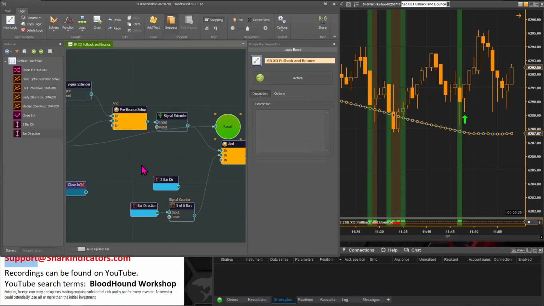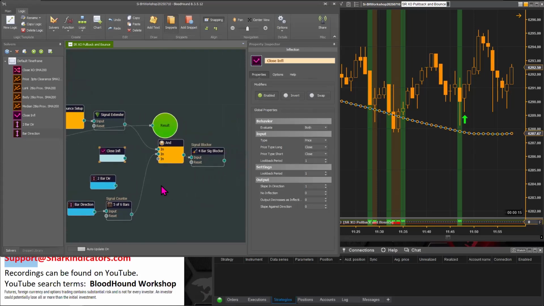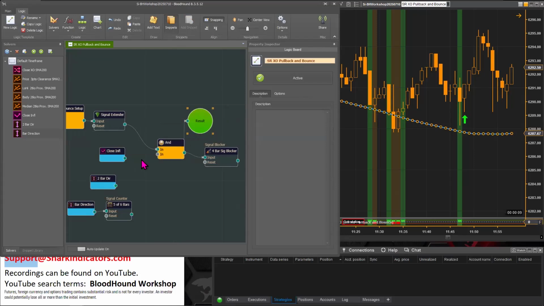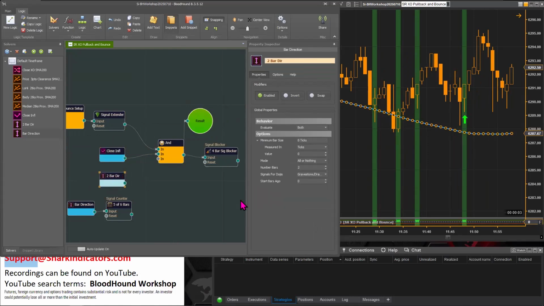So let's go back to this signal extender. Disconnect that. Let's connect that in. And there we go.